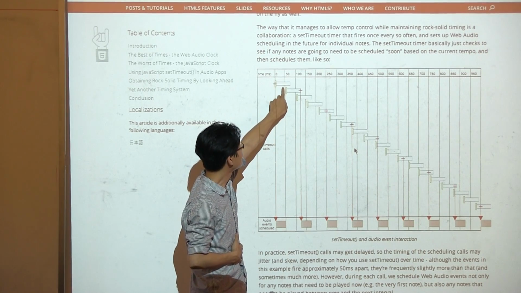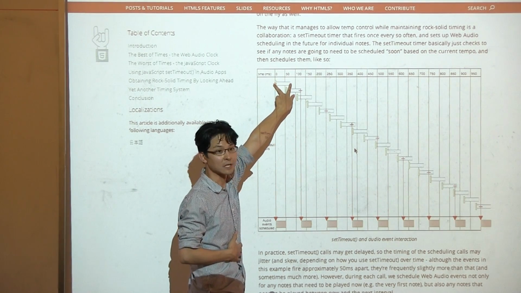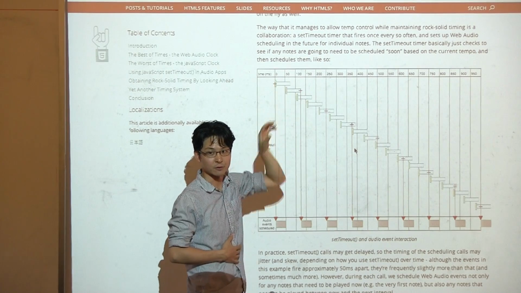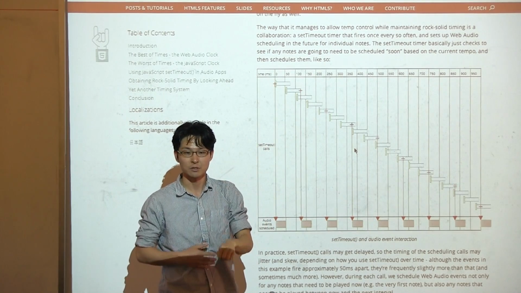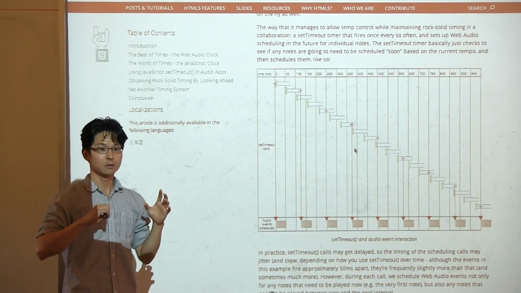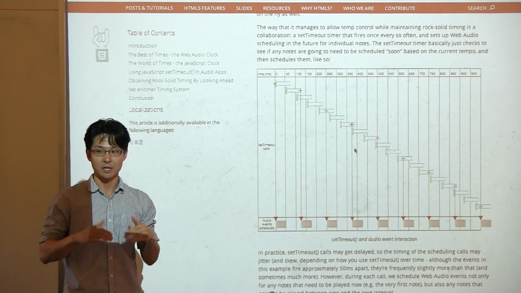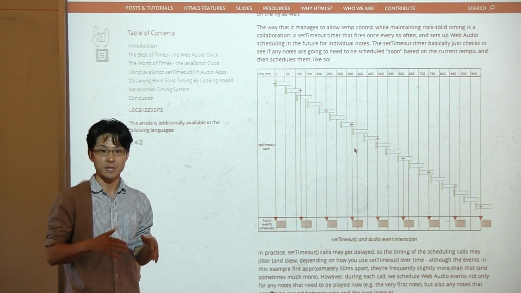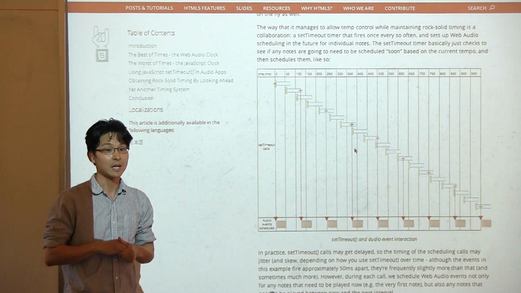If there's any event within that look-ahead time, you grab that event and schedule it with the Web Audio API schedule function. Then your event will be guaranteed to play at very precise timing. Yeah, that's the idea.